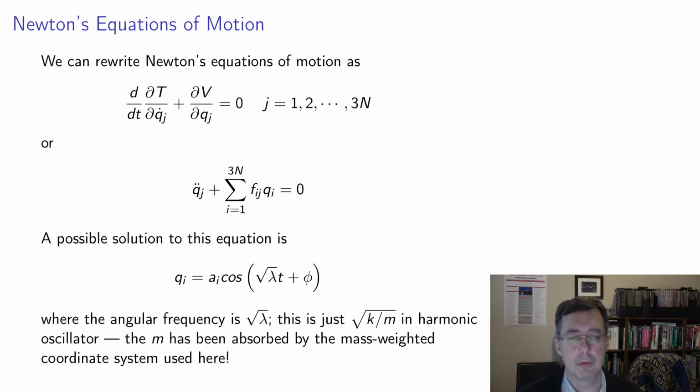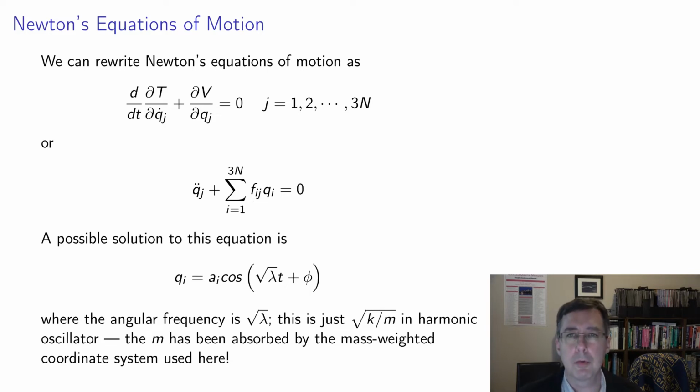If I do a little bit of calculus on that, and go back to the previous slide and look up what T and V were, with a little bit of work I can show that the second time derivative of one of these mass-weighted coordinates, q_j double dot, plus a sum over all the coordinates q_i times F_ij equals 0 for all possible j, running from 1 to 3N. So that's my set of working equations.